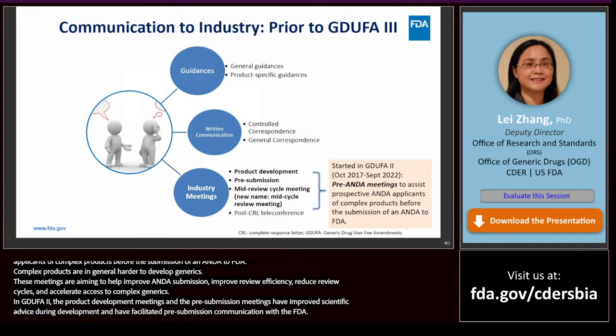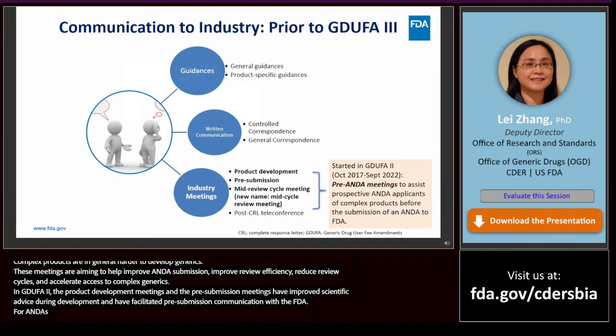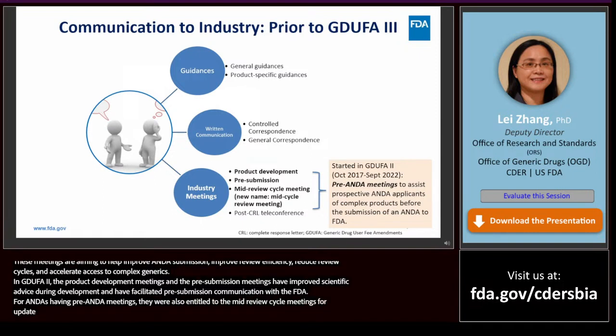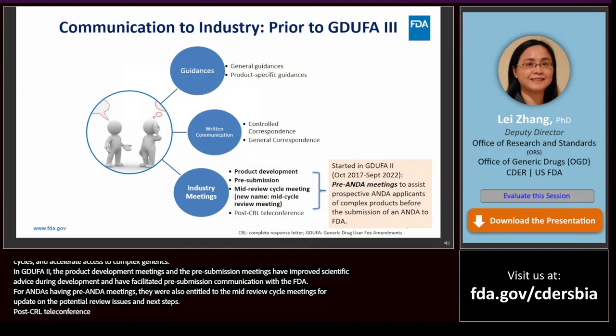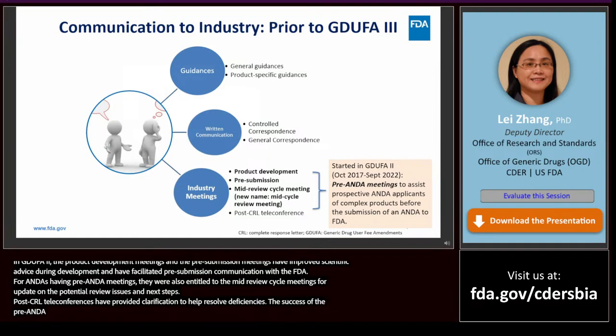For ANDAs having pre-ANDA meetings, they were also entitled to the mid-review cycle meetings for updates on the potential review issues and next steps. Post-CRL teleconferences have provided clarification to help resolve deficiencies. The success of the pre-ANDA meeting program has led to additional scientific meetings under GDUFA III.